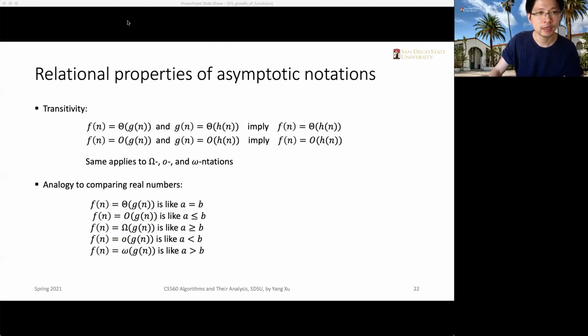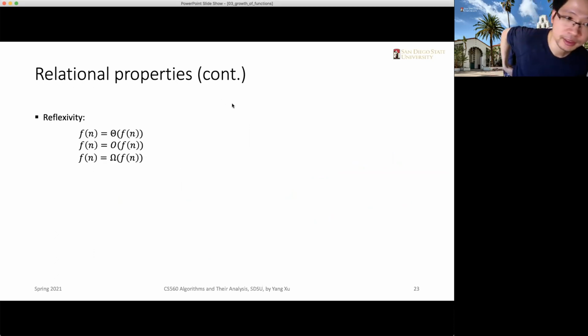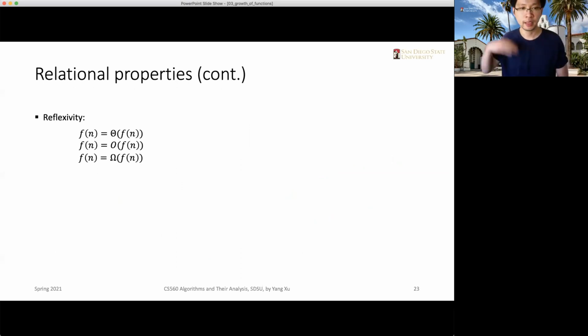And I think we have several slides to cover the relational properties. Reflexivity basically says that one function is a tight bound, and no matter upper or lower bound, of itself.